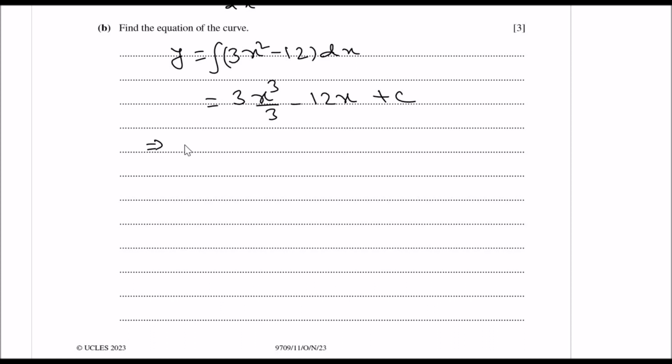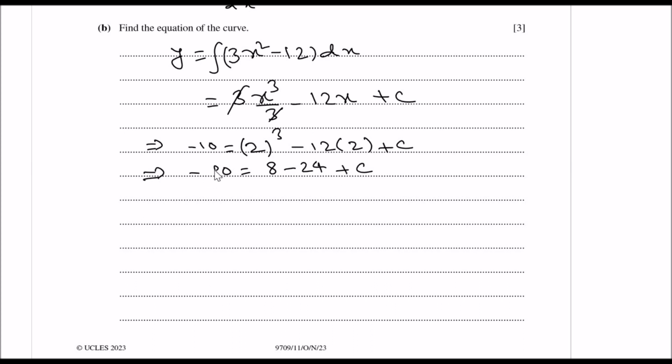This implies −10 = the 3 cancelled out, so we get 2³ − 12 times 2 + c. This implies that −10 = 8 − 24 + c.